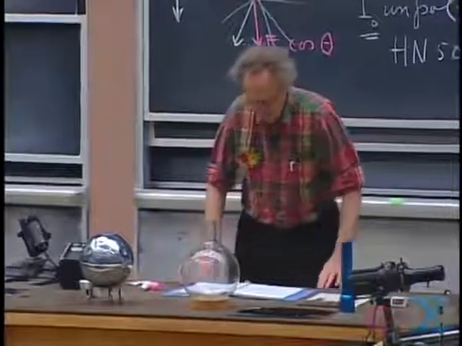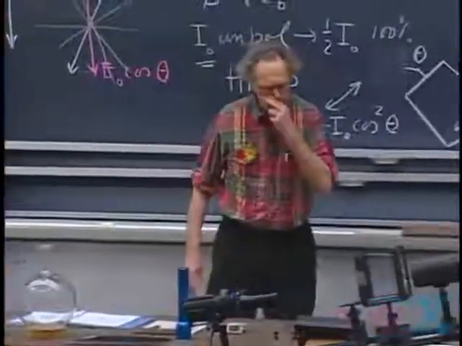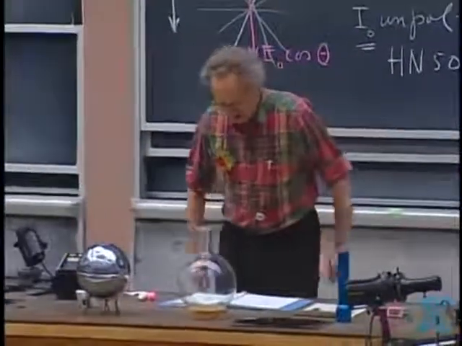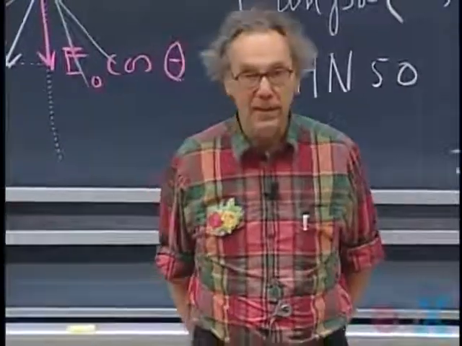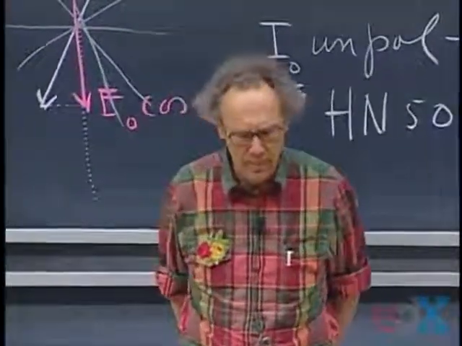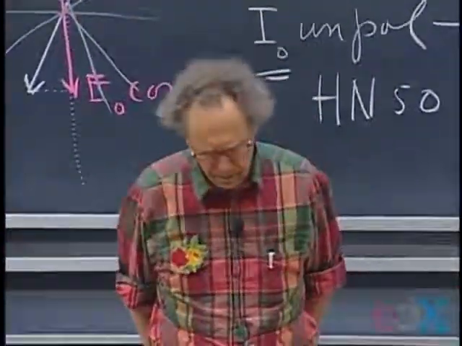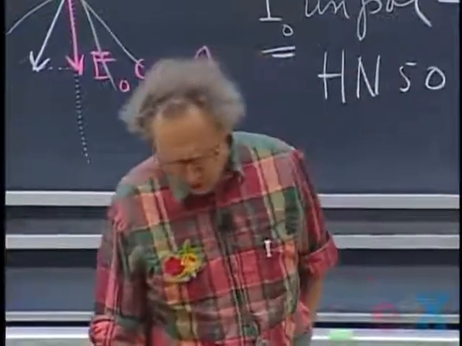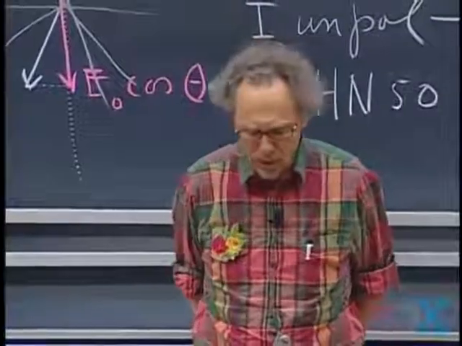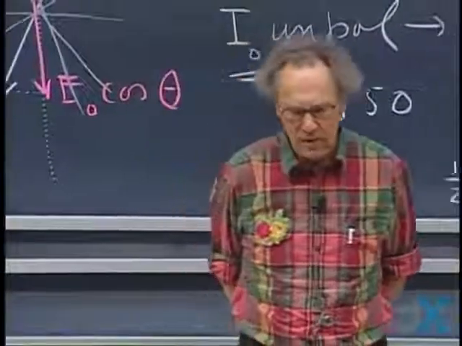There's a second way that we can produce 100% linearly polarized light, and we can do that by reflecting unpolarized light off a dielectric, for instance, water or glass. None of this follows from Snell's law. Snell's law was 250 years before Maxwell. Polarization wasn't even known in the days of Snell.